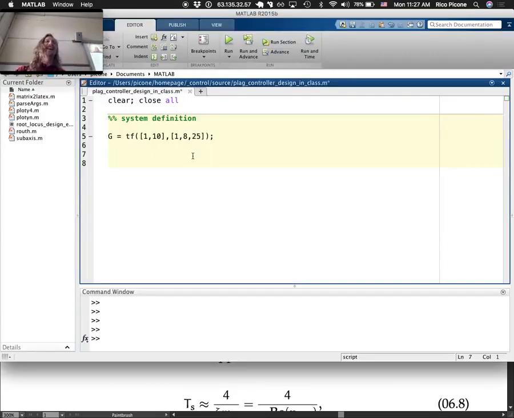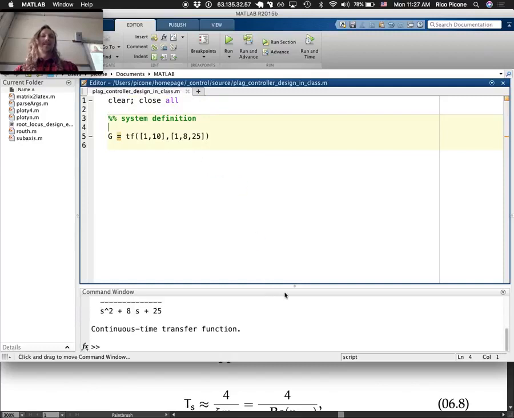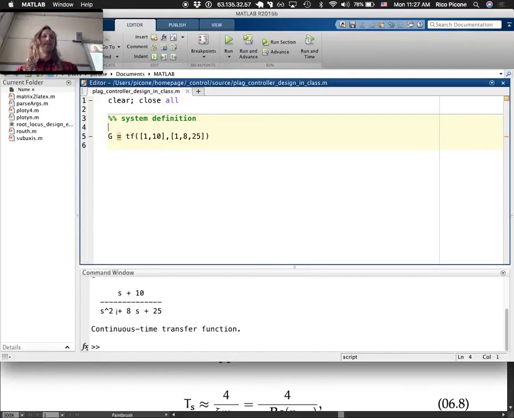Okay, so there's our system definition, and we always like to check to make sure that this is what we think it is, s plus 10. Okay, so that looks like our transfer function. Good. And our first order of business then is to do a proportional controller.